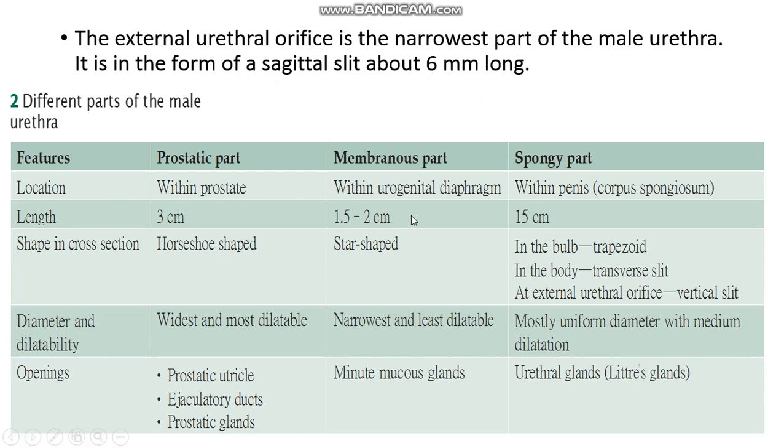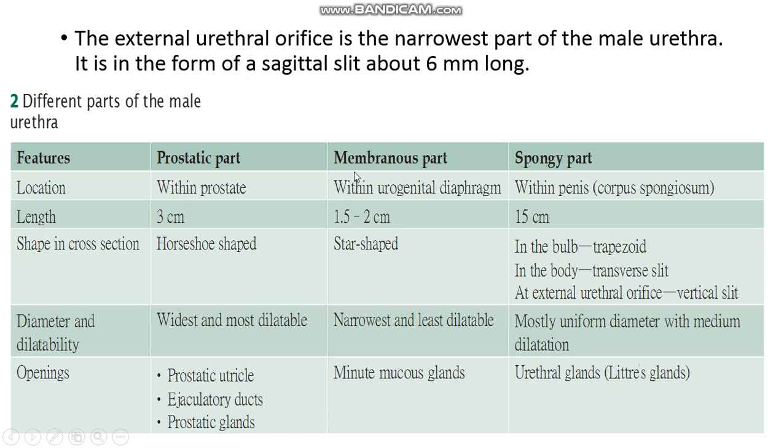The next we can compare the different features of these 3 different parts. First one, prostatic part, its location is within the prostate. For membranous part, within the urogenital diaphragm. For spongy part, within the penis or corpus spongiosum.